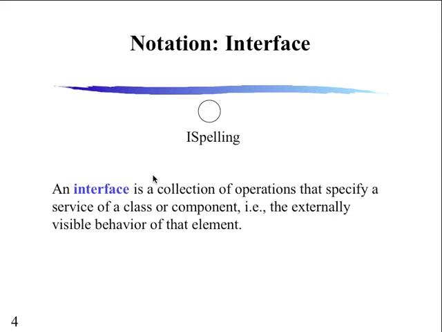Are you familiar with C or C++? An interface is like a .h file, a header. The way it's implemented in C++ is that the specification is the .h, and then the implementation is the .c++ file.